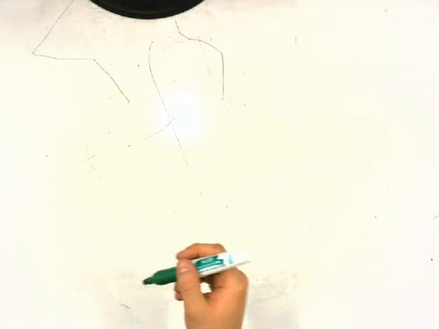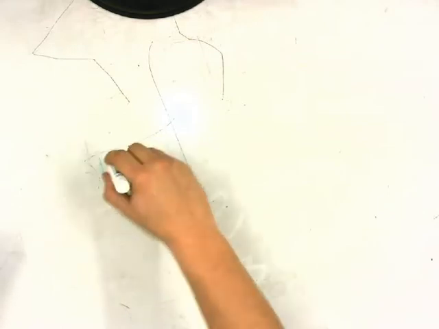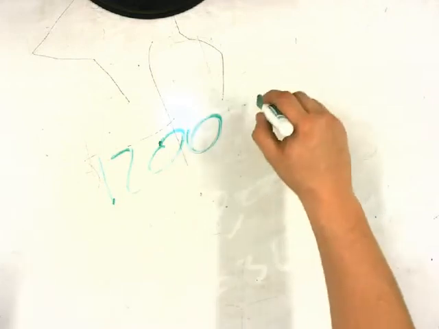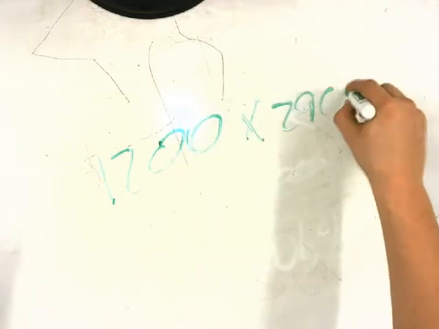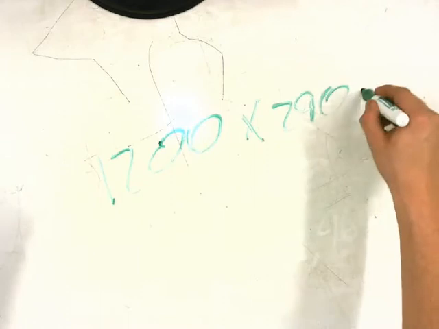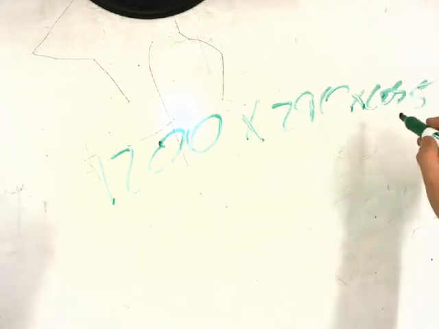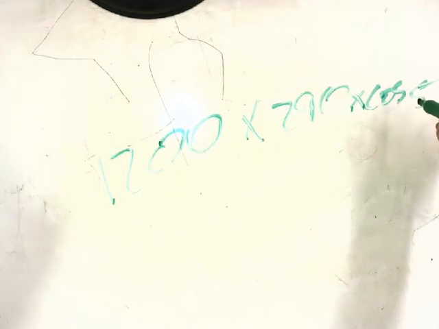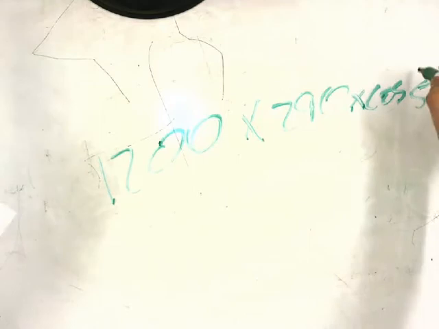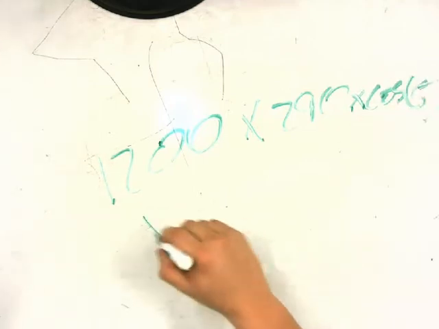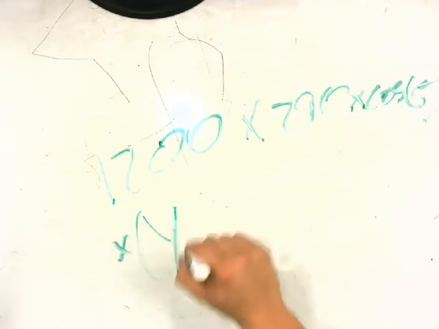So, from here, we have 20,000, which is the mass, times 290, displacement, times cosine of 5 degrees, and then we have to incorporate a third, times y.